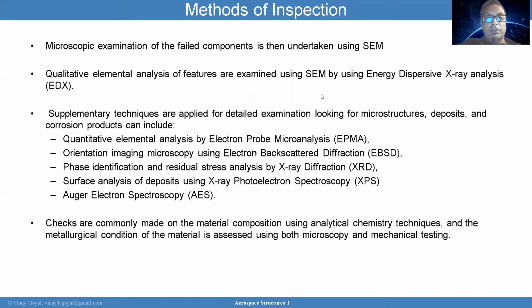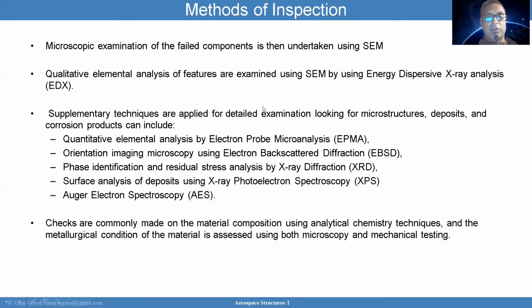What are the methods of inspection that could be quite beneficial in these failure investigations? You're going to have microscopic examination of the failed component. Those are typically done with SEM. And you can also do a qualitative element analysis of features, and you can examine them using SEM by using energy dispersive X-ray analysis, EDX.